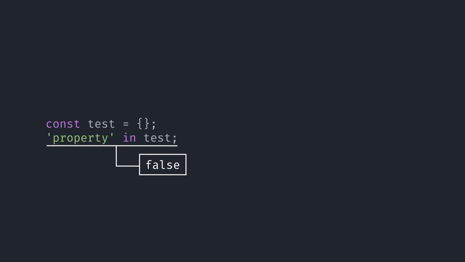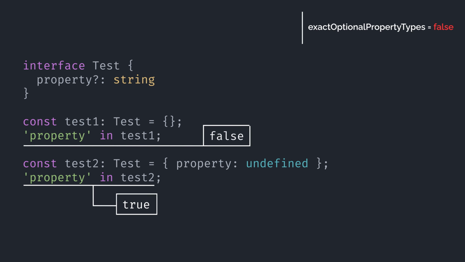Okay, we get that. But we can also explicitly define a property as undefined. And that's a little different, because now, if we try to see if property exists in test, we will get true. That's all to say that there is a difference between a property being undefined because it wasn't defined, and it being undefined because we set it to undefined.